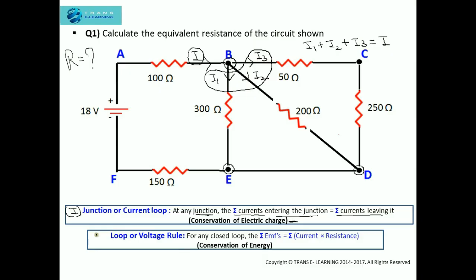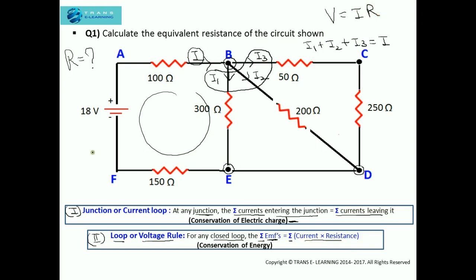Now the second rule. The second is the loop or the voltage rule. For any closed loop, you can see a closed loop here, the algebraic sum of EMFs is equal to the algebraic sum of current into resistance. We know that V equals IR.